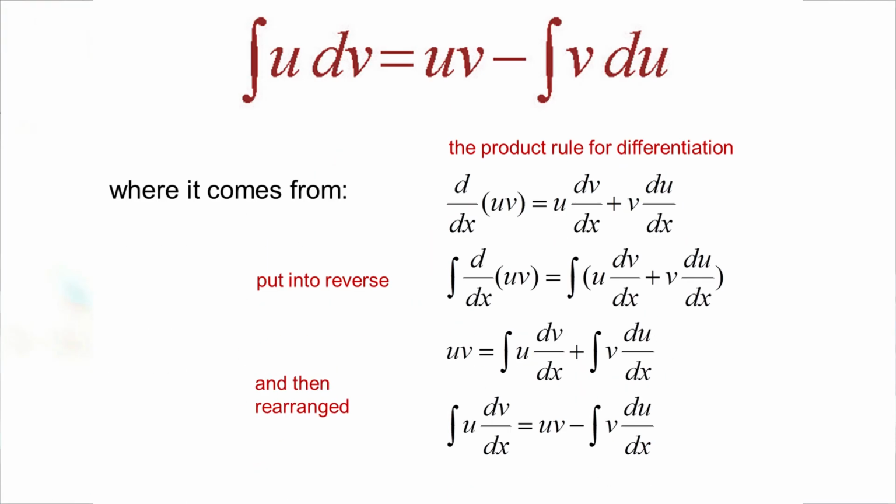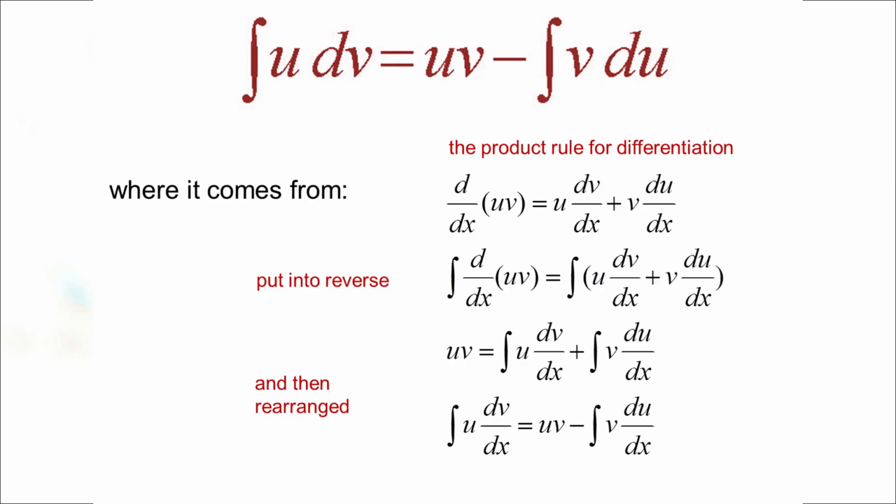The integral of u dv is equal to uv minus the integral of v du, derived from the product rule for differentiation. Here we have d over dx of uv is equal to u dv plus v du. So we simply integrate this and rearrange.